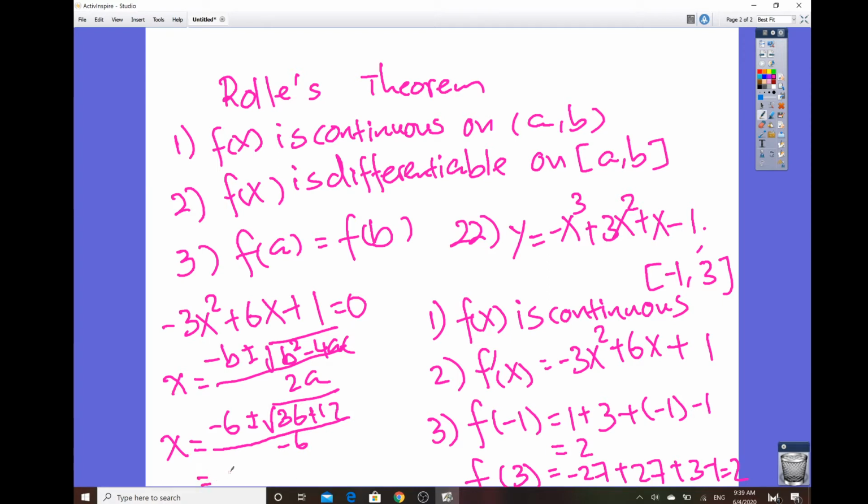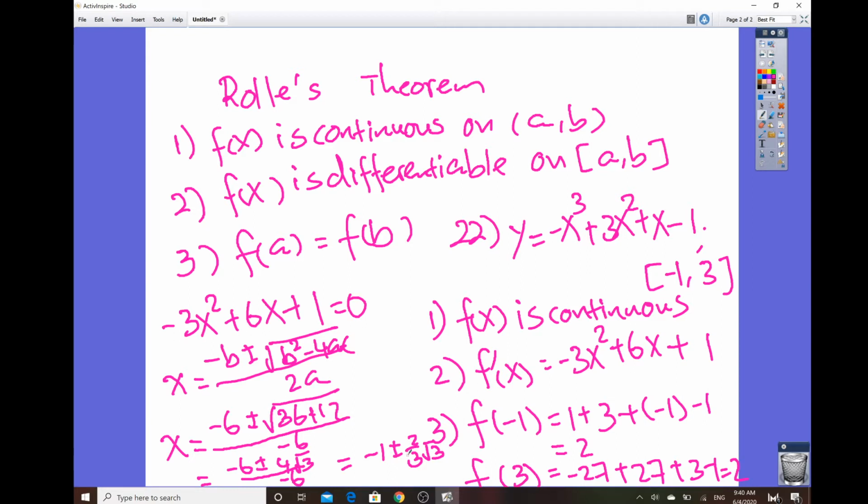Simplifying this whole thing, we have negative 6 plus or minus the square root of 36 plus 12, that'll be 48. 48 can be broken into 16 and 3, so we have 4 root 3 over negative 6. Simplifying that a little bit more, that'll be negative 1 plus or minus 2/3 root 3. So now we do have positive and negative solutions.